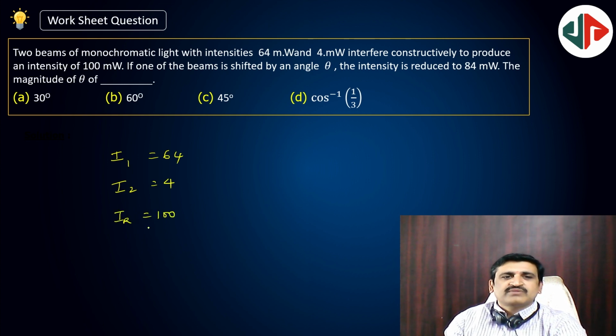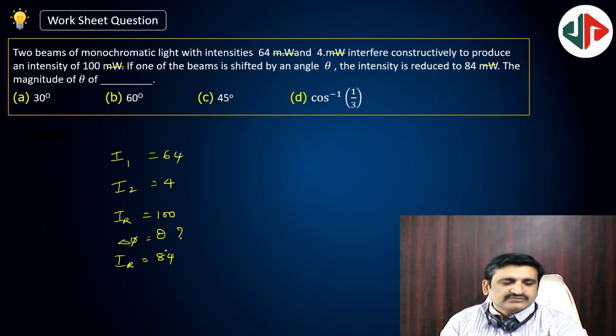If one of the beams is shifted by an angle theta, maybe a phase difference, the intensity is reduced to 84, I resultant became 84. The magnitude of theta is?